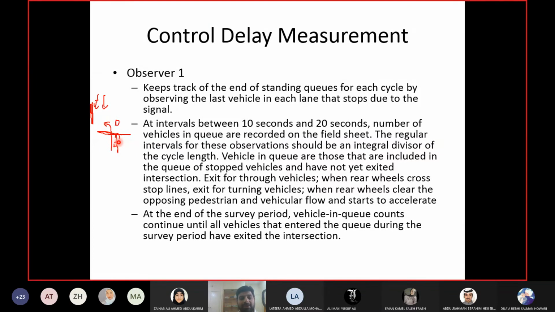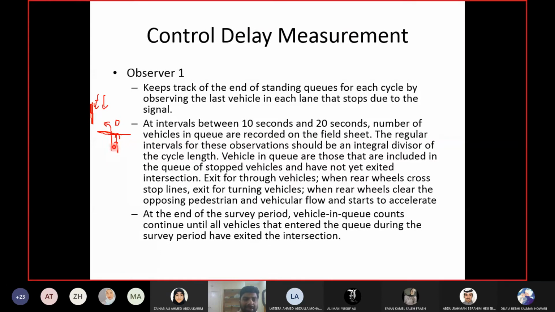You will keep on counting that vehicle in the queue until that vehicle leaves the stop line. So you counted the vehicle here. It has moved, but it has still not crossed the stop line, so you will count it again in the number of vehicles in the queue. In the next interval, the vehicle came here. So now this vehicle is out of the queue because it has crossed the stop line. This is for a through vehicle.